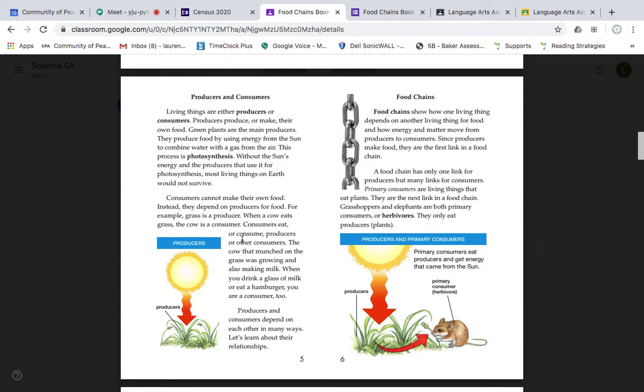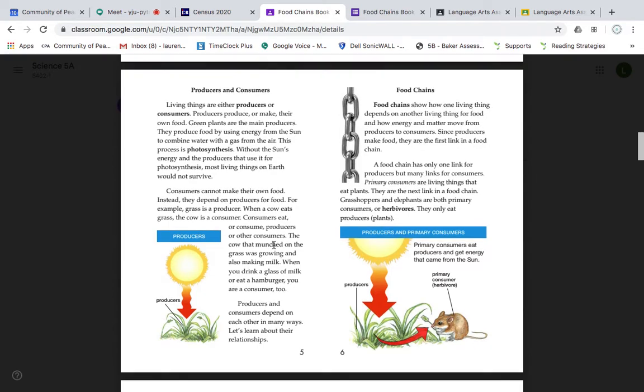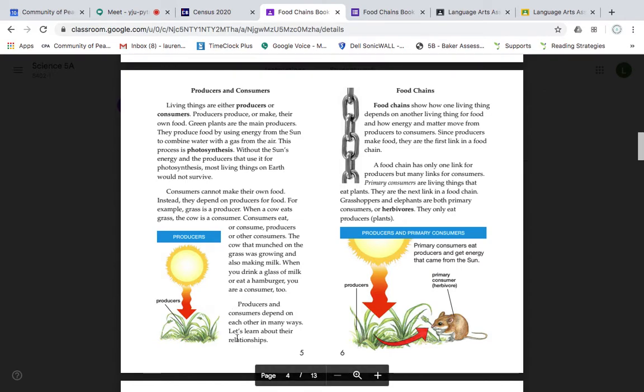Consumers eat, or consume, producers or other consumers. The cow that munched on the grass was growing and also making milk. When you drink a glass of milk or eat a hamburger, you are a consumer too. Producers and consumers depend on each other in many ways. Let's learn about their relationships.